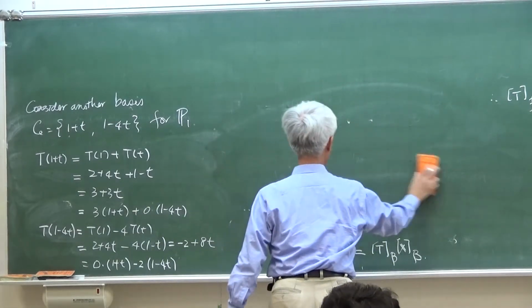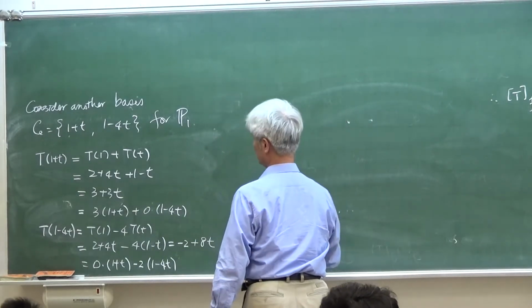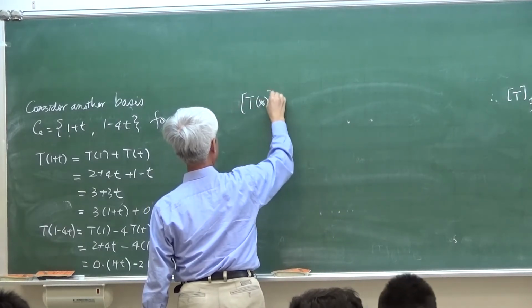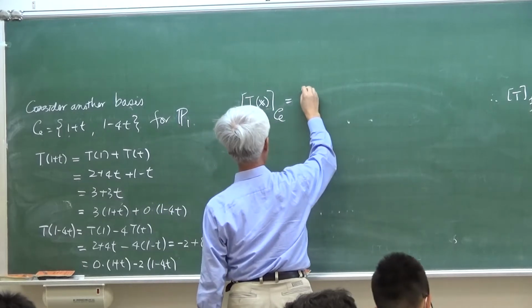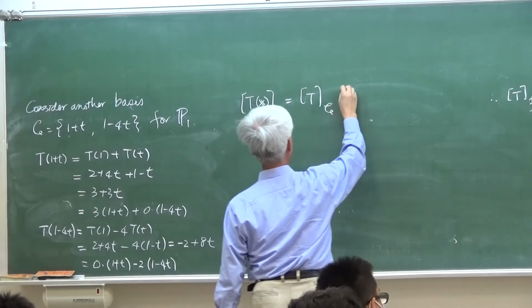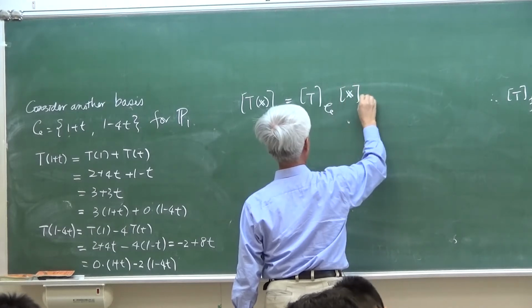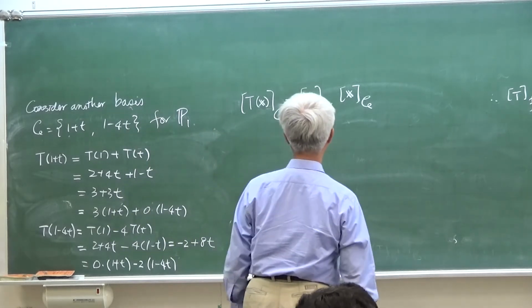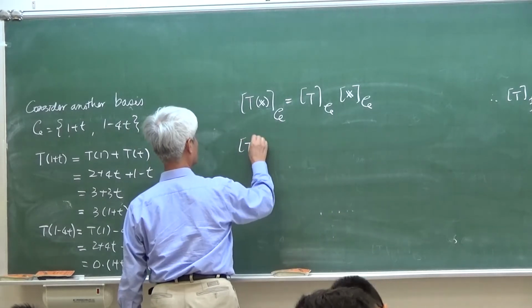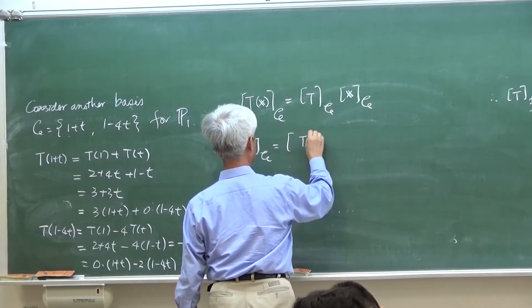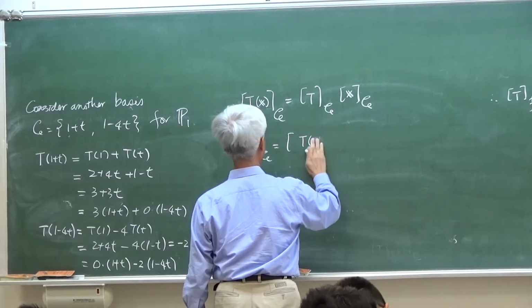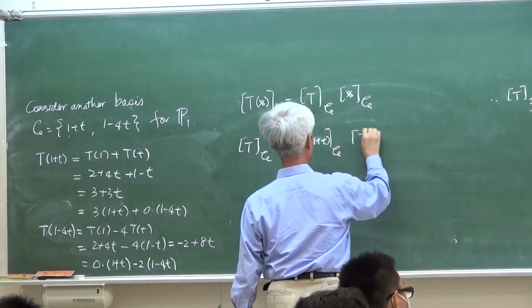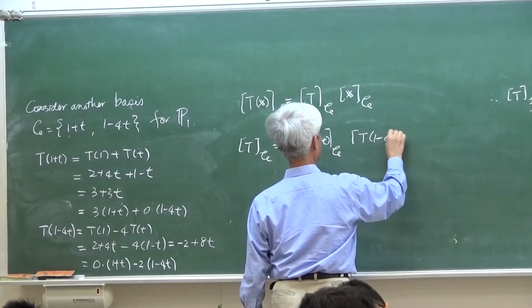So what is the matrix representation? The T relative to C is equal to [T]_C. And the C basis is 1 plus t and 1 minus 4t.